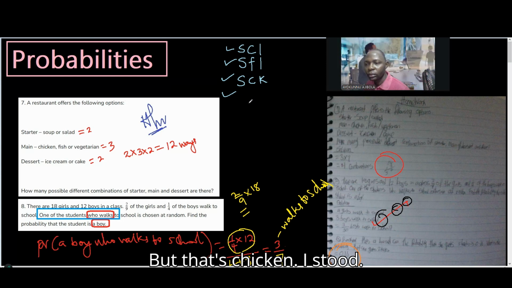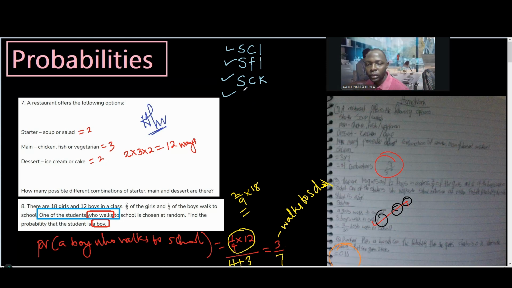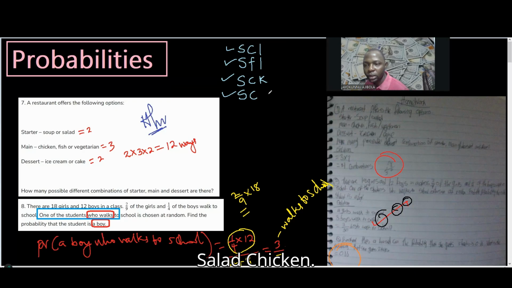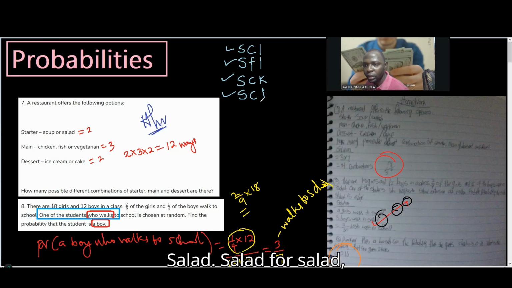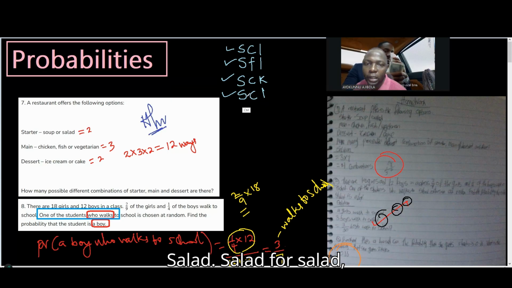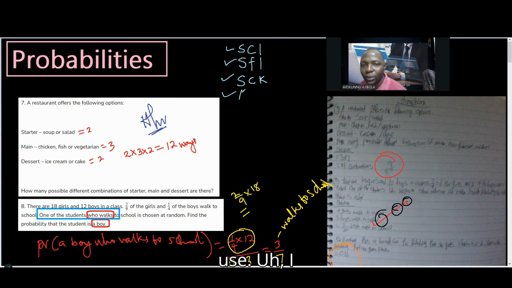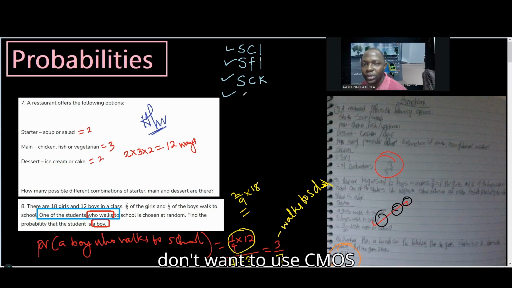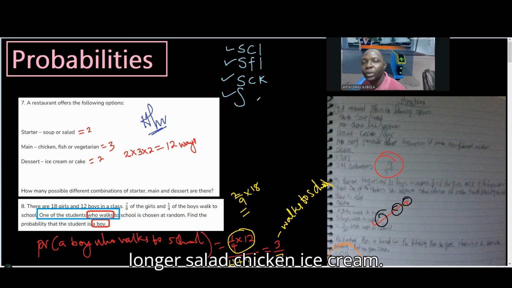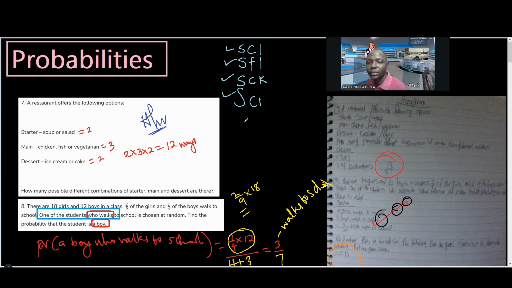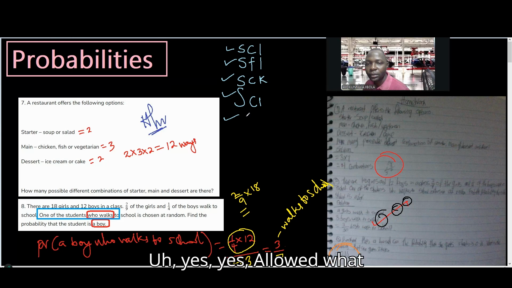Salad, chicken, ice cream. Okay. Let me use a different letter for salad. Salad, chicken, ice cream. Salad, fish, ice cream.